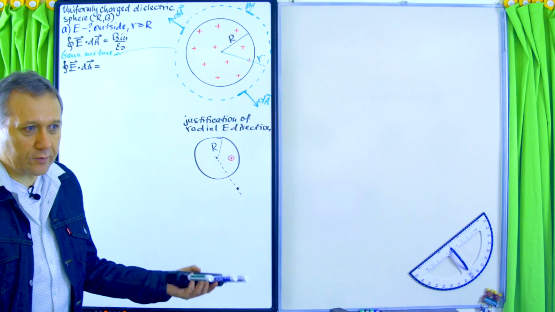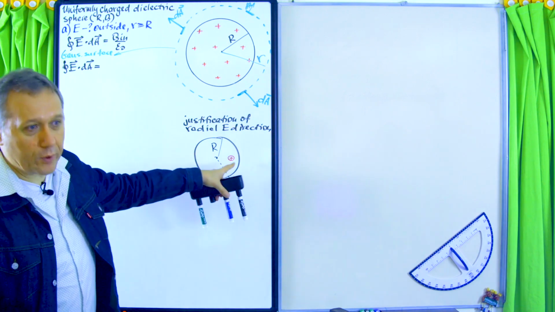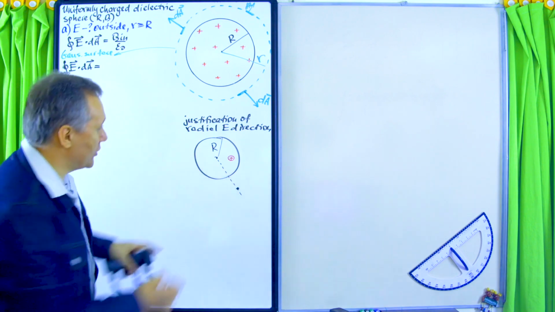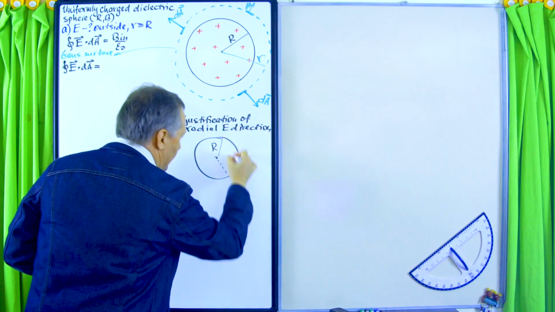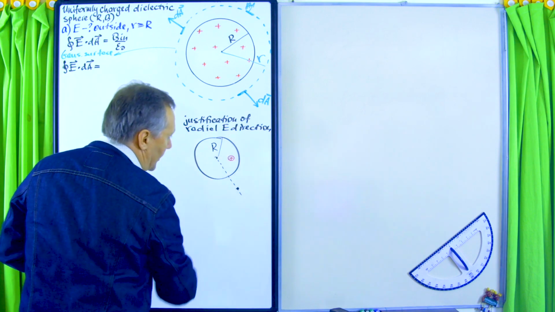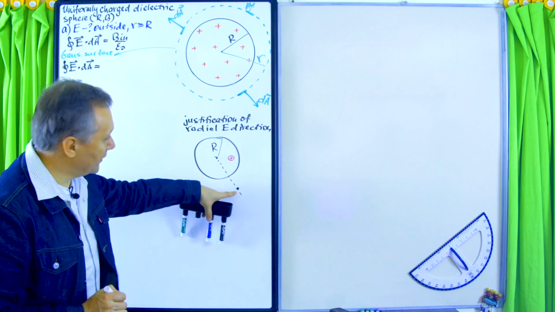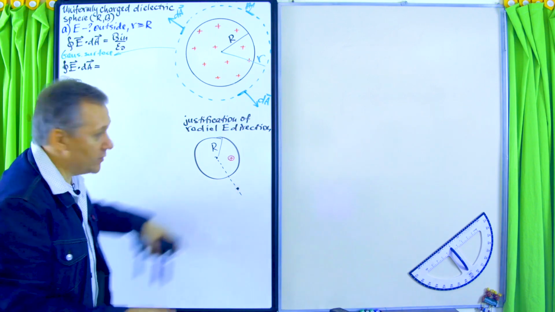Basically a point charge. And of course, we know electric field lines of a point charge are radial. So let me draw the contribution from this point charge to the net electric field at this point.